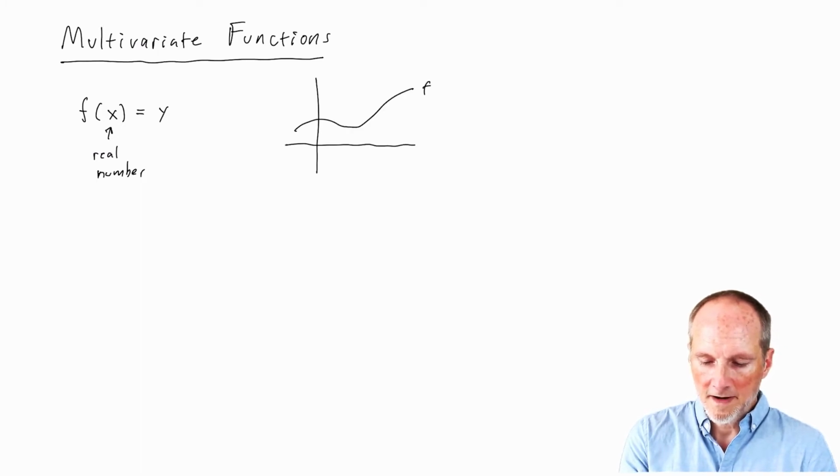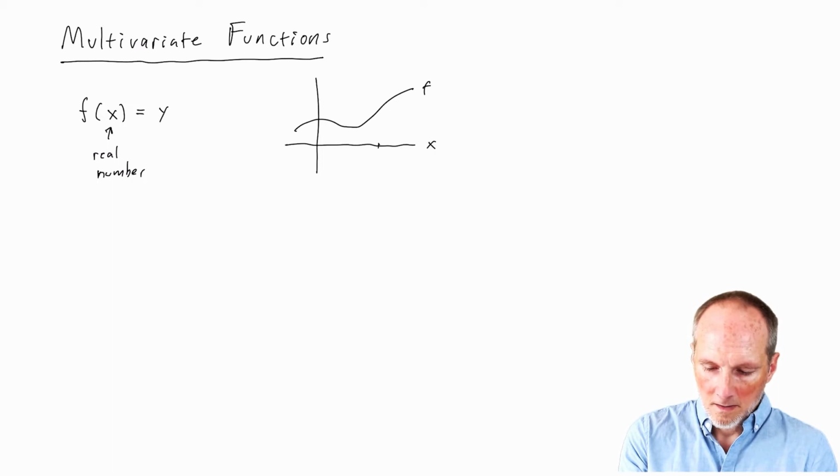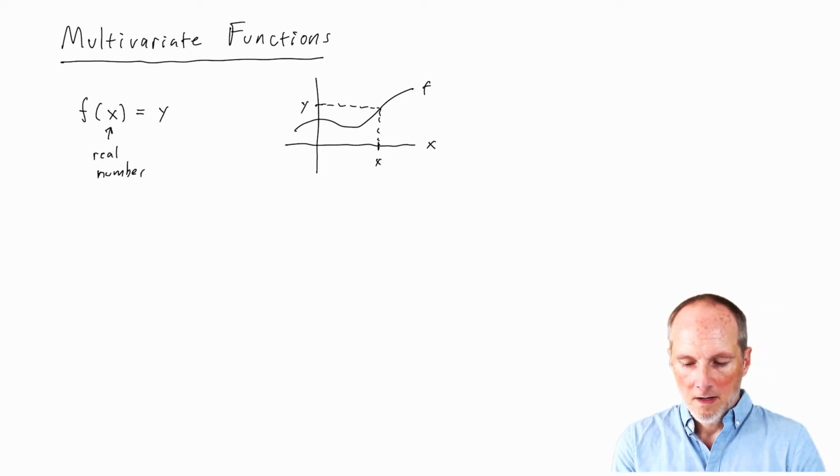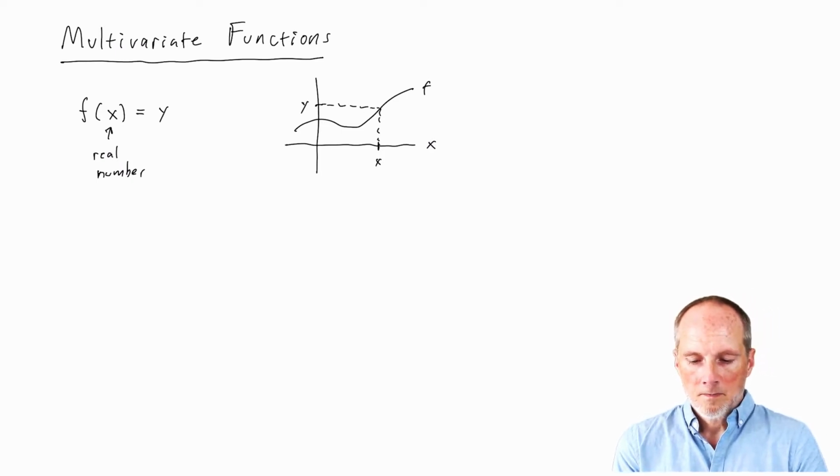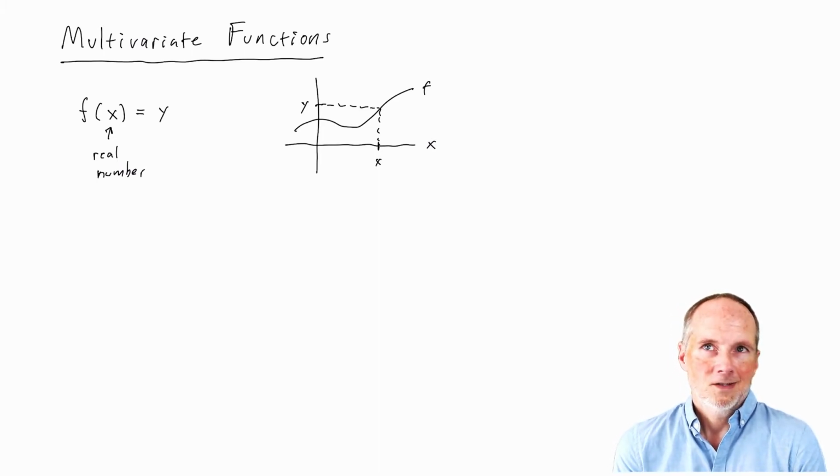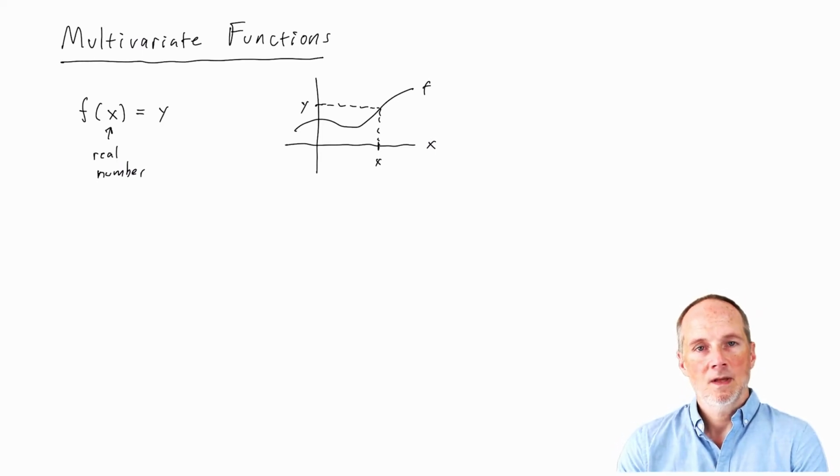If this is our f, you can imagine you plug in an x, and then that gives us a y. You can do that for any x. All right, so a function is, as I mentioned before, like a machine. You plug something into it and it gives you something back.